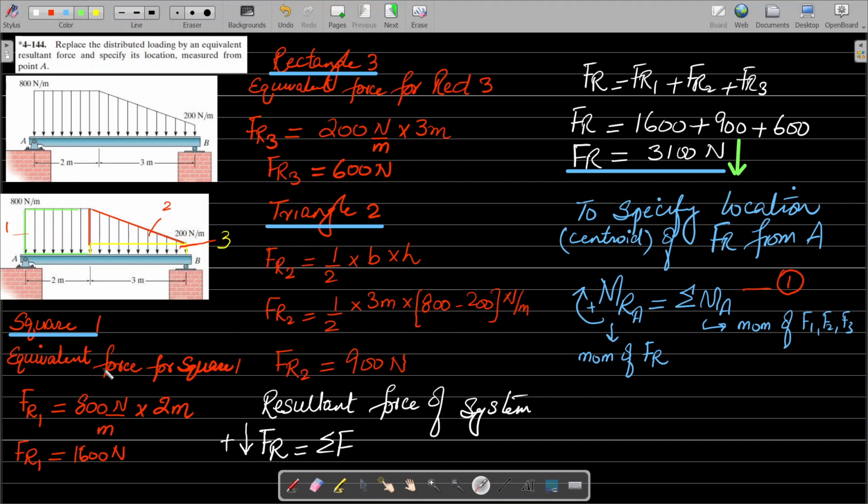Now we calculate the loading aspects of figure 1, which is basically a square.